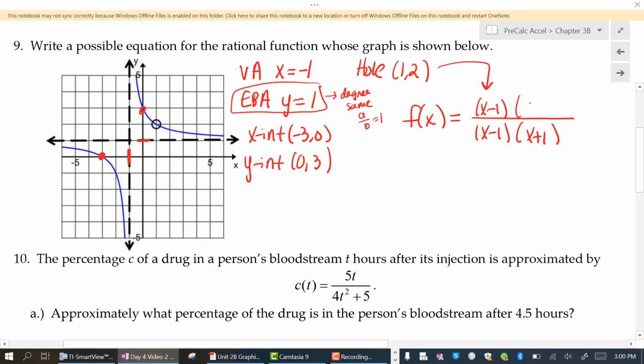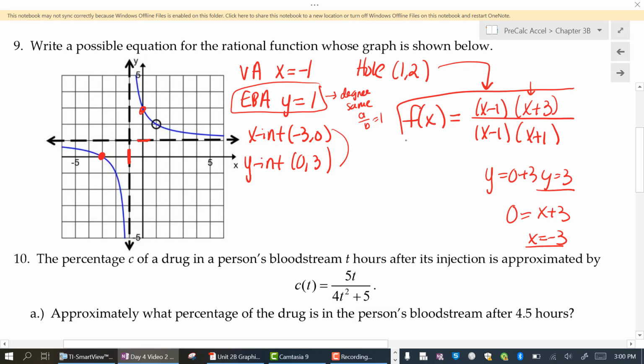So if I put x plus 3 and then I plug in 0 for x, that would give me a y-intercept of 3. Or if I plug in 0 for y, it would give me an x-intercept of -3. So this factor is going to help me get those intercepts. And so this is what the equation of that rational graph is going to look like.